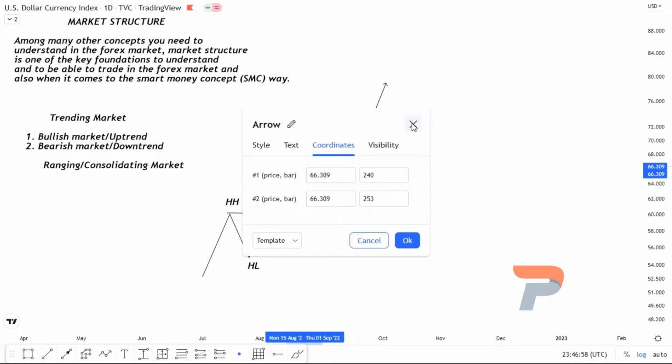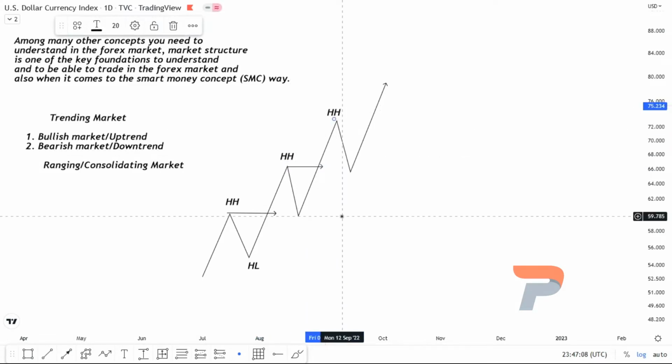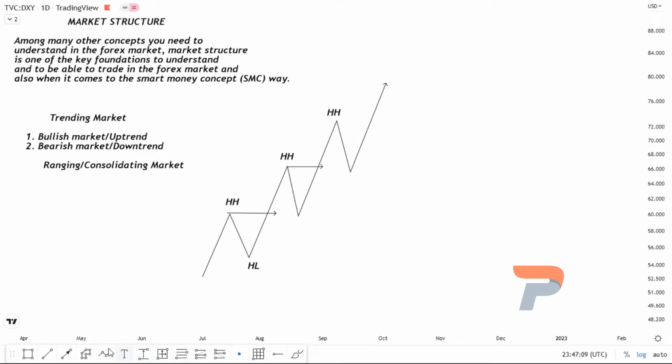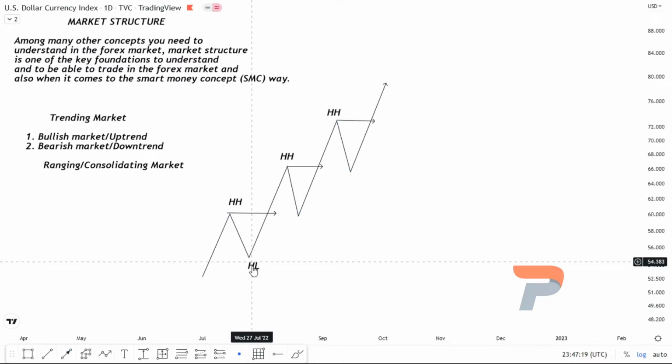A bullish market continues that way until the market decides to change its direction. So we have our next higher high here, and then a break of structure to continue our uptrend.